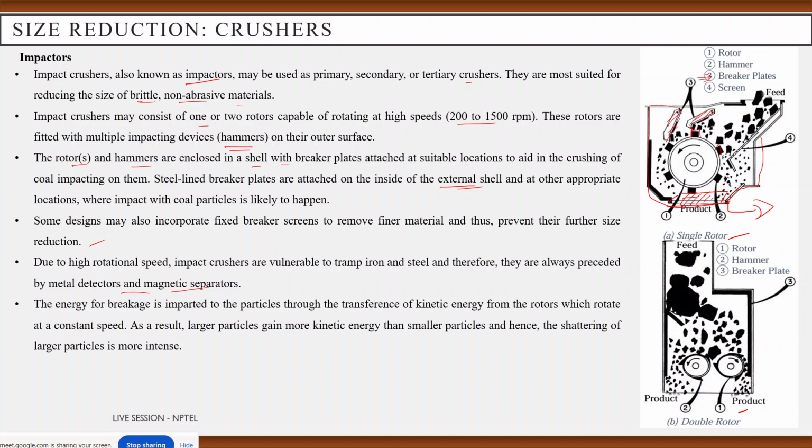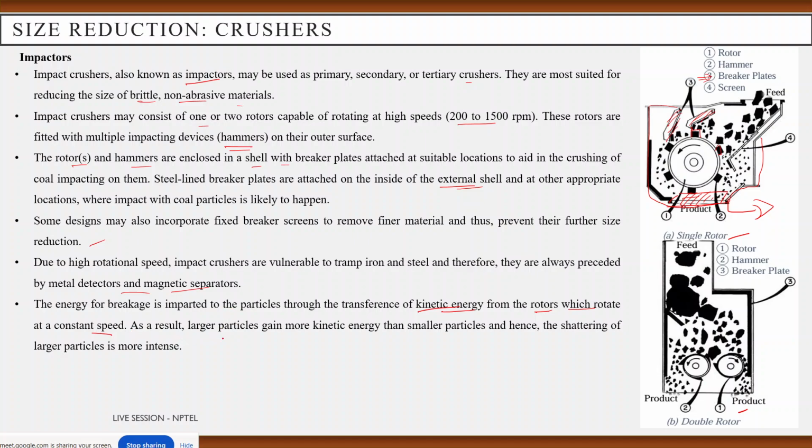The energy for breakage is imparted to the particle through the transference of kinetic energy from the rotor, which rotates at a constant and very high speed. So we are transferring the kinetic energy from the rotor to the particles.